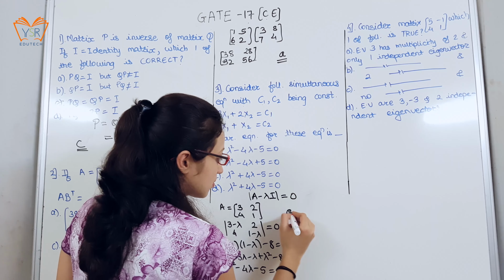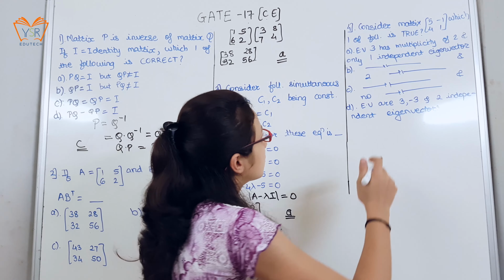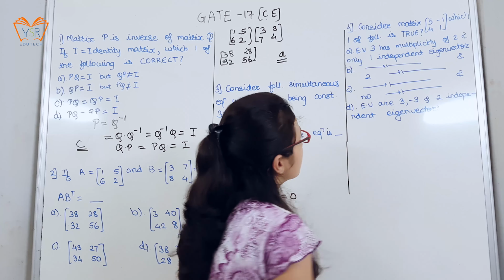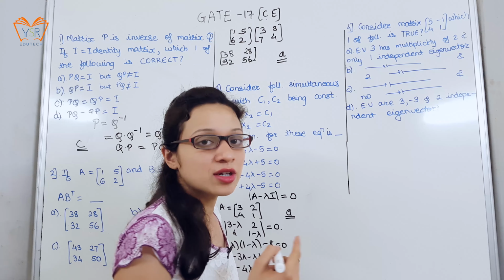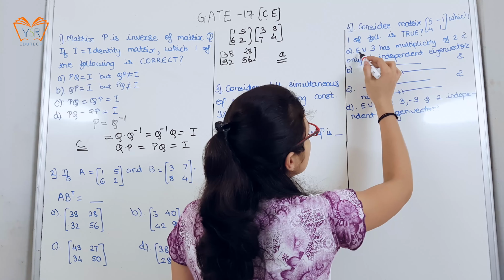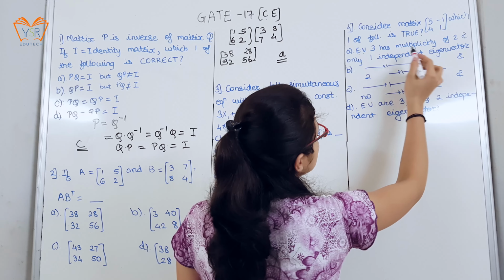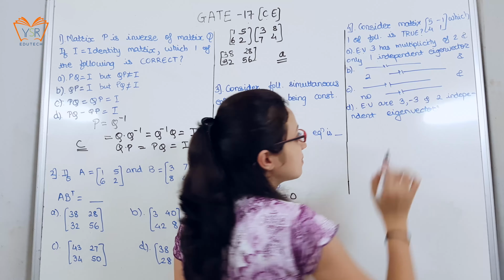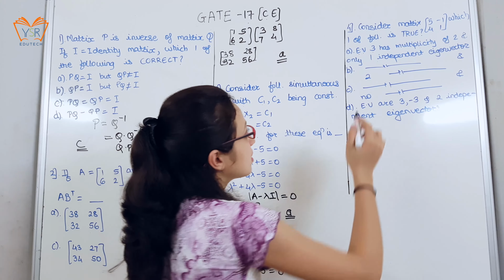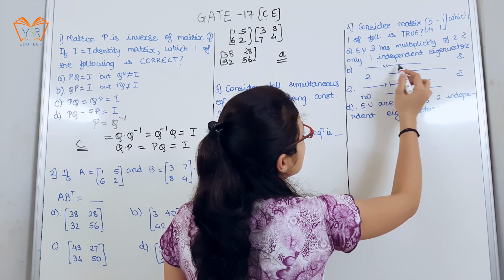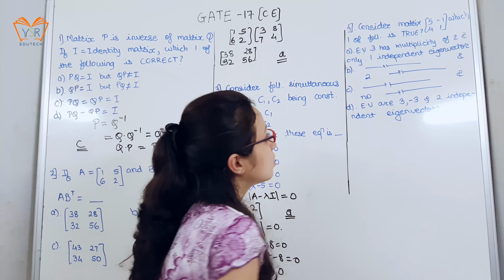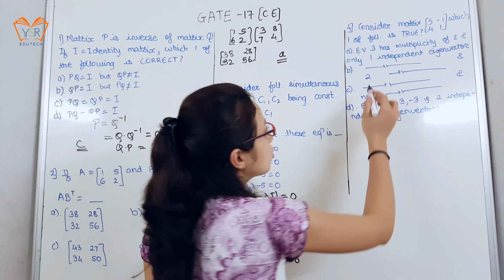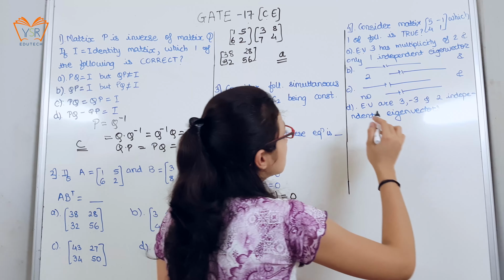Last example: consider the matrix 5, minus 1, 4, 1. Which one of the following statements is true? I'll just read out the statements. A, eigenvalue 3 has multiplicity of 2 and only one independent eigenvector. B, eigenvalue 3 has multiplicity of 2 and only 2 independent eigenvectors.